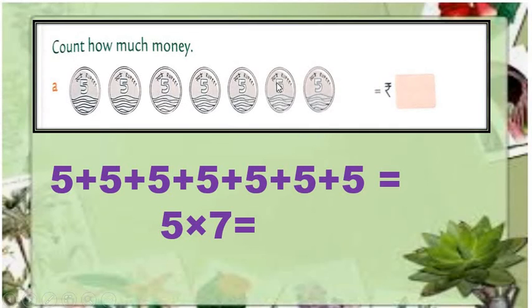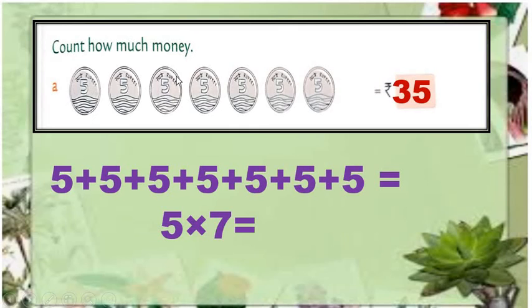The total value of these coins are 35. We can say that these are total 35 rupees.